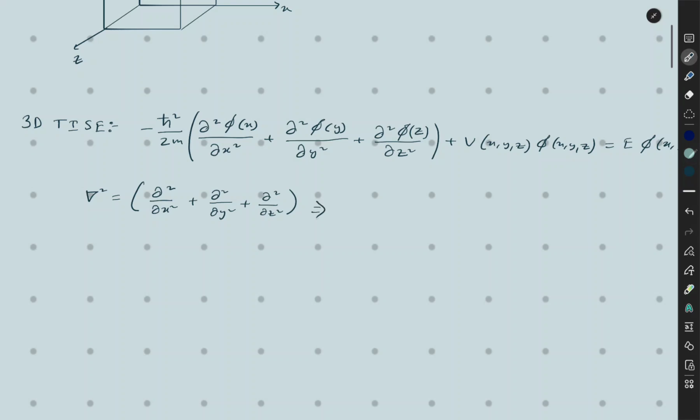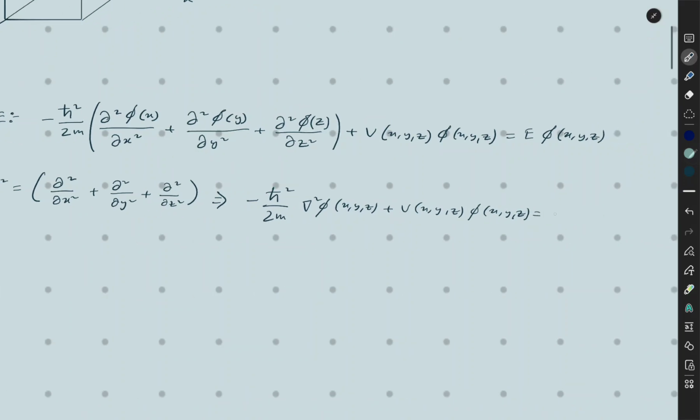So by it we can get this equation as minus h cut square by 2m del square phi, a function of x y z, plus V, also a function of x y z, times phi of x y z, equal to E times phi of x y z.